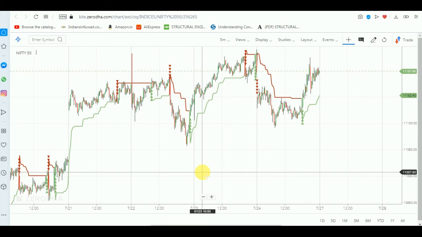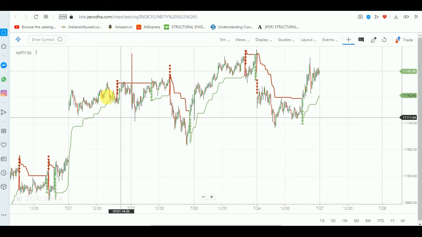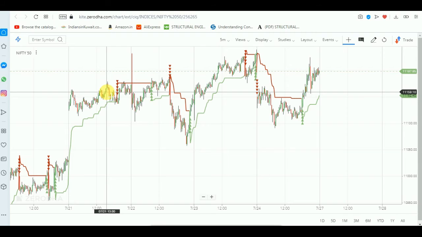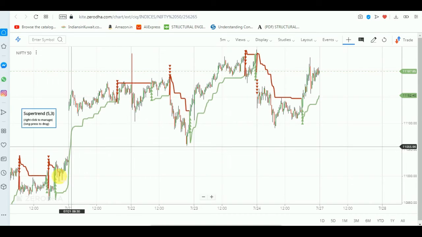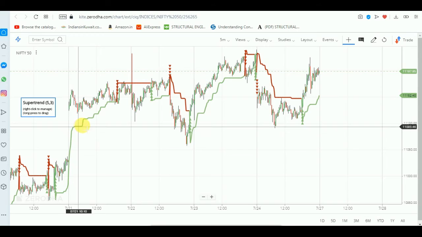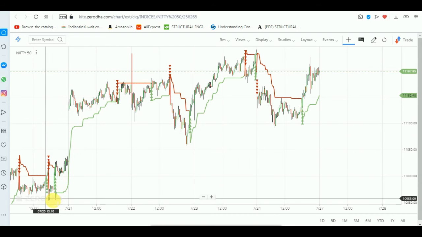This particular technical indicator alone, if you use it in day trading, then surely the percentage of winning situations will be very less, because this also has so much lagging and so many drawbacks. As you can see here, there is a huge continuous green line.